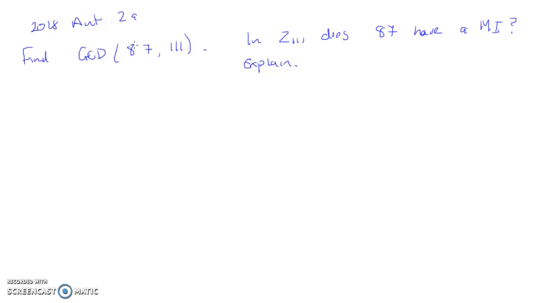Now, these numbers are really big, so trying to find all the divisors of 87 and of 111 could be quite hard. So I'm going to use an algorithm, Euclid's algorithm. It's basically, provided these two numbers are not 0, right?